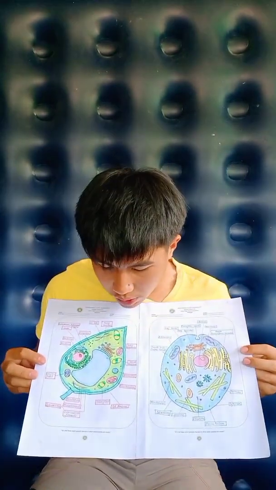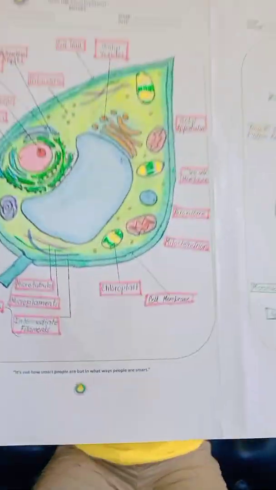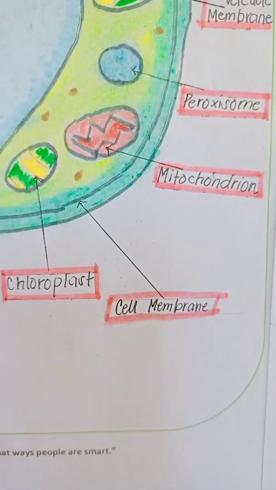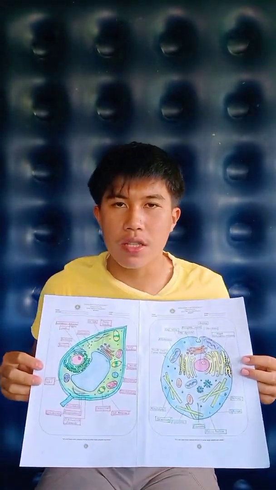The second part is the chloroplast. So here it is, the chloroplast. The function of this part is that it uses the energy from sunlight to form a glucose molecule from carbon dioxide and water, the CO2 and H2O. This is what we call photosynthesis in plants.